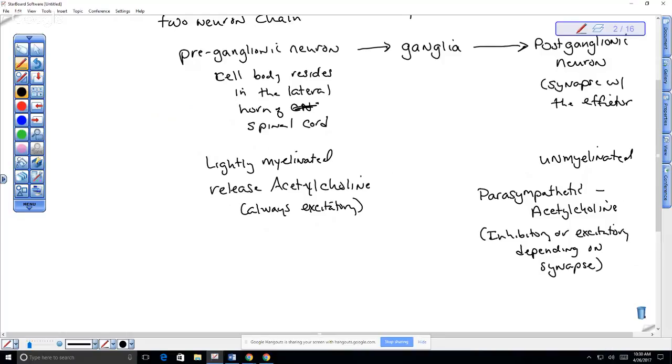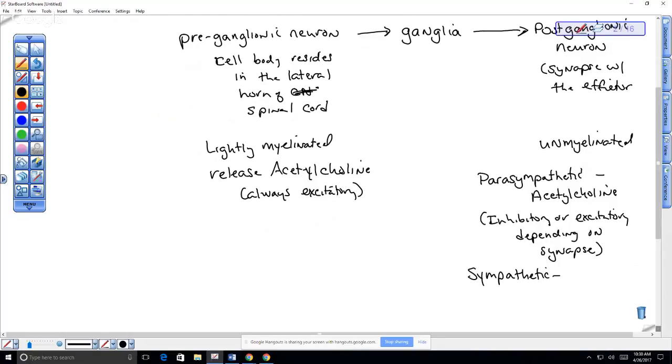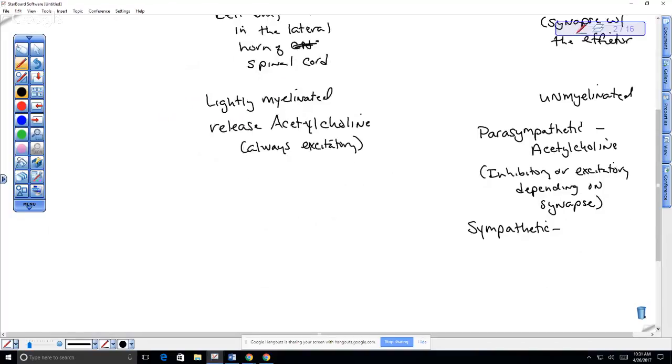The sympathetic nervous system's postganglionic neuron doesn't release acetylcholine. It uses norepinephrine, which can be abbreviated as NE. So it releases norepinephrine, and again, this is inhibitory or excitatory, depending upon what it is synapsing with.